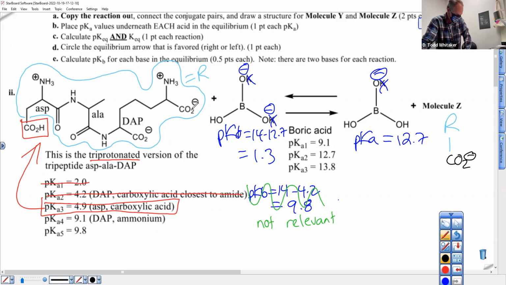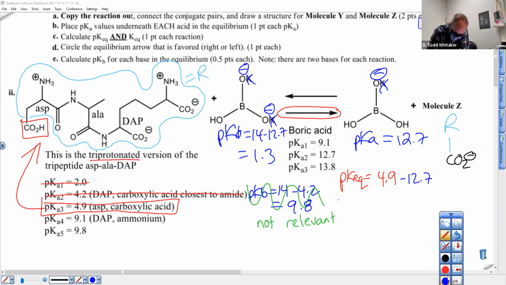I need to see the circle, what you're calling the circle, and then the short form for the circle here. And we're not quite done. We're going to circle the arrow that points to the larger pKa. So 12.7 is larger than 4.9. pKeq is always the left, 4.9, minus the right. Oh, smaller number minus bigger number.